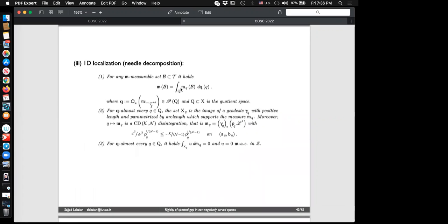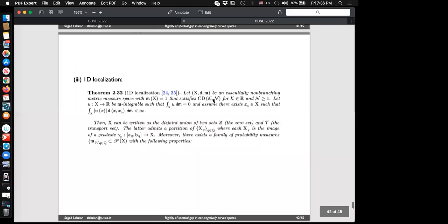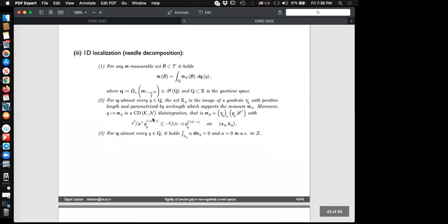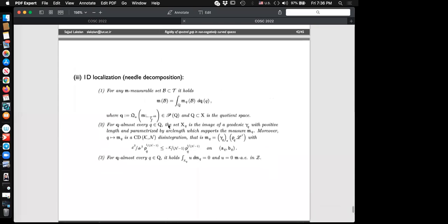You can do a disintegration of the measure and get a one-dimensional measure, and it satisfies the same convexity as it would in a space with lower curvature bound K, meaning that your CD(K,N) condition, the lower bound on curvature, reduces to the lower bound on these one-dimensional fibers, almost all of them. So basically you reduce the analysis to the 1D case.